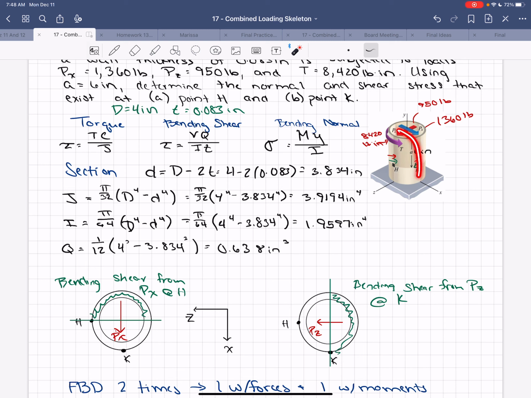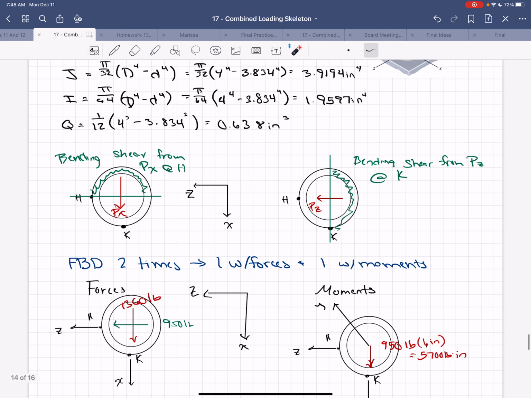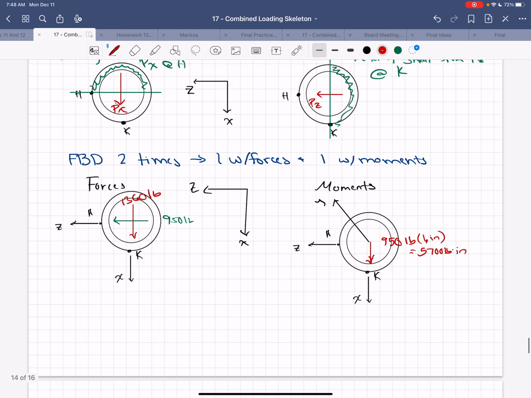So it'll make our thumb point in the negative Z direction. So we have this green moment, which is PX, 1,360 pounds times the distance to where we cut, which is still 6 inches, and that equals 8,160 pound inches.